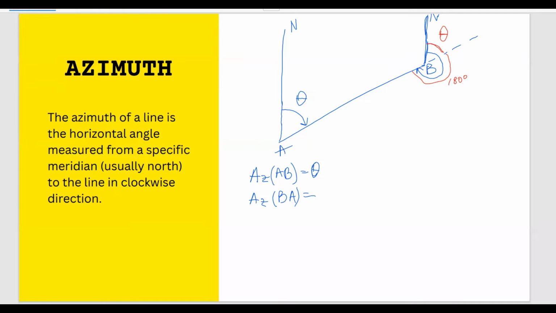So this makes the azimuth of BA equal to theta plus 180 degrees. So let me write it this way: the azimuth of BA equals the azimuth of AB plus 180 degrees. What this points out is that if you know the azimuth of AB, you can calculate the azimuth of BA. And this is 180 plus theta. Okay, pretty straightforward. I think this is easy to understand what azimuths are.